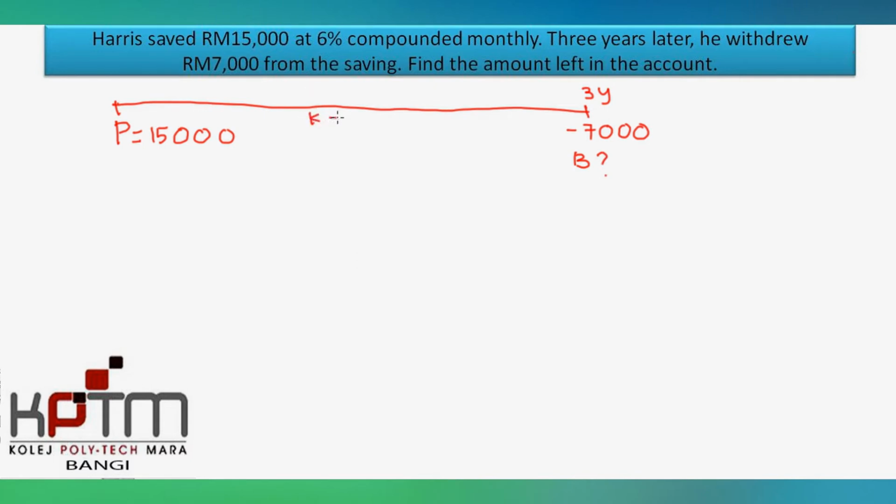So from the question we know that our K is 6%, that is 0.06, and the frequency of conversion M is given by 12.